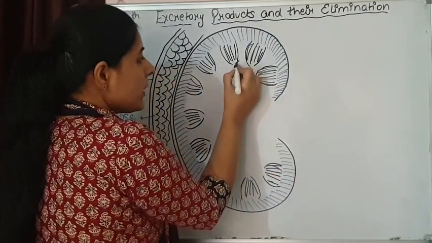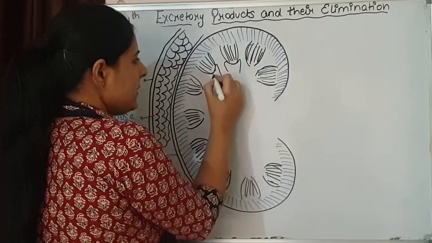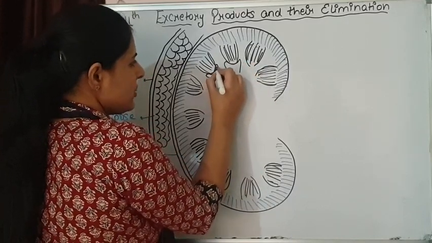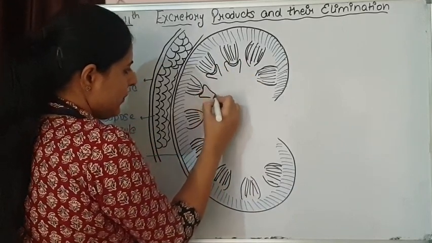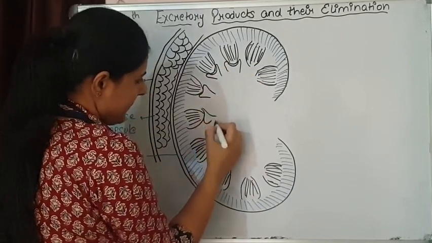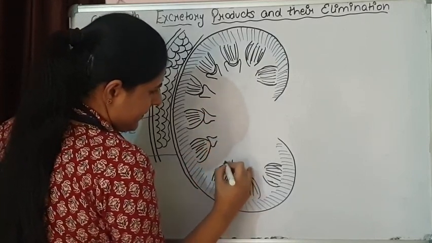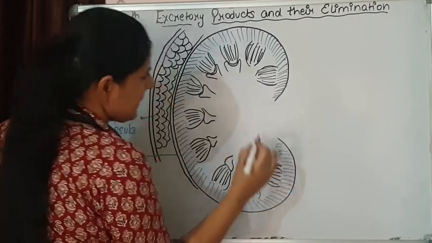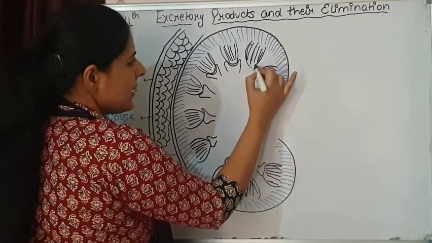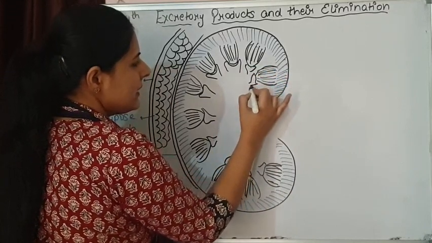These are going to open here, and the structure present here is the renal papillae. This is how they are present, and these renal papillae finally open into minor calyces.